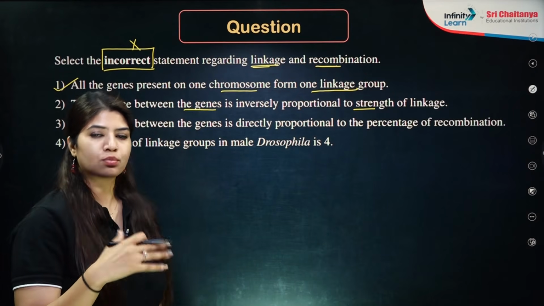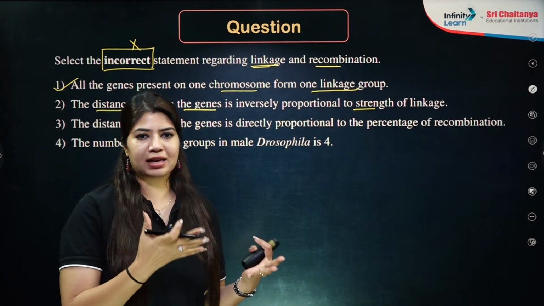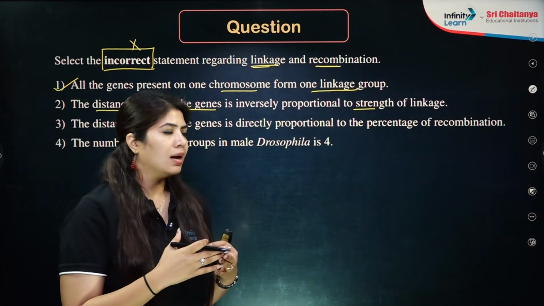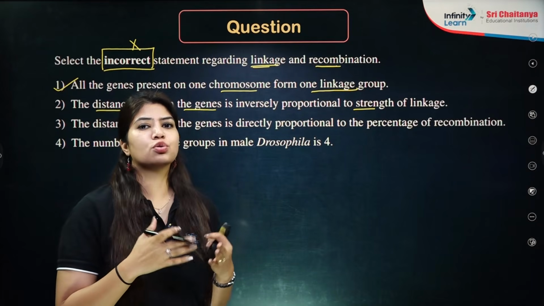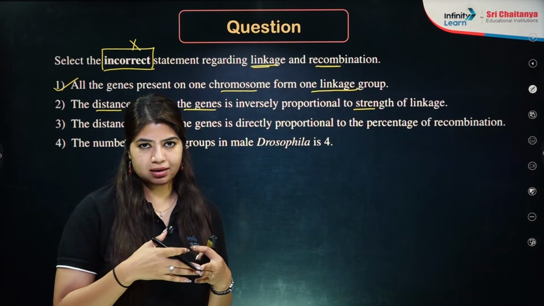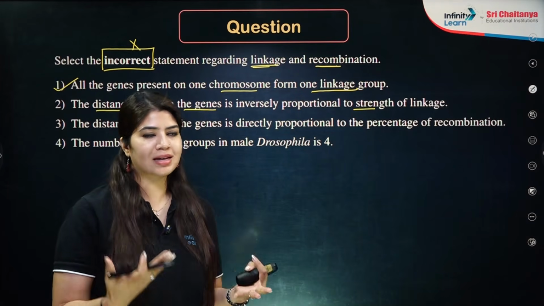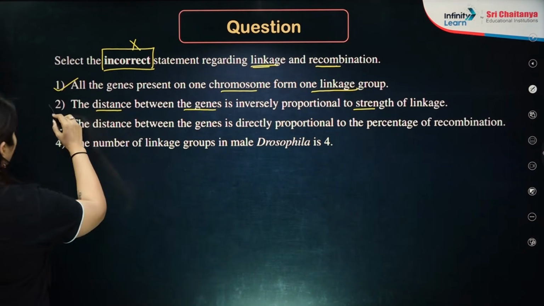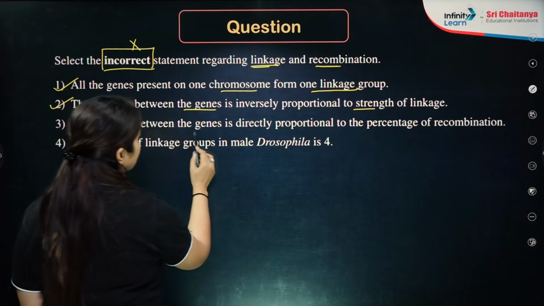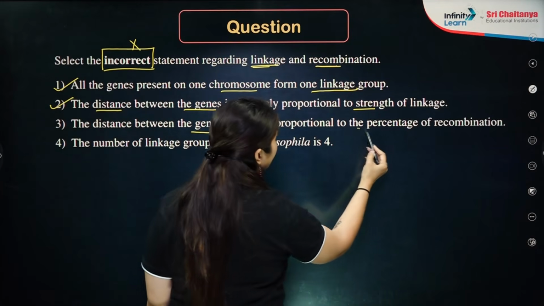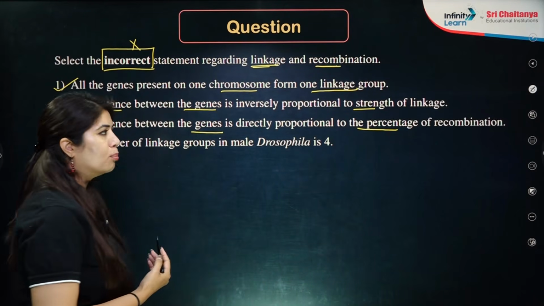The more the distance, the less the linkage. Linkage means physical association between the genes. If 2 genes are in closer vicinity, the linkage is on the higher side. Perfectly correct. The distance between the genes is directly proportional to the percentage of recombination.